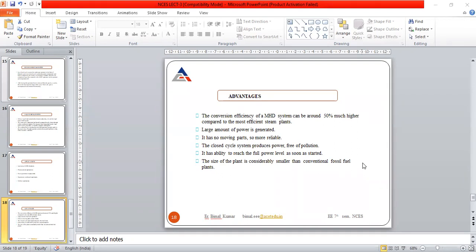A number of power plants take a very large amount of input to give some output. But in the case of this MHD generator, it has the ability to reach the full power level as soon as it is started. Generally, it will be started at a very high power level.